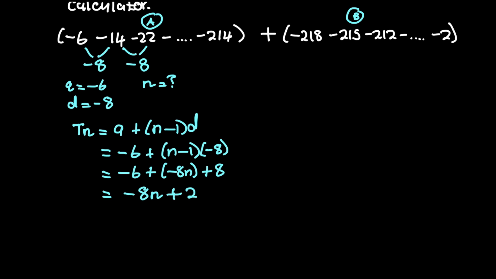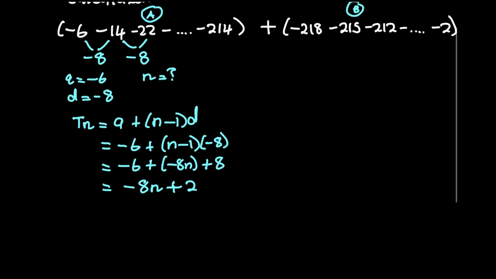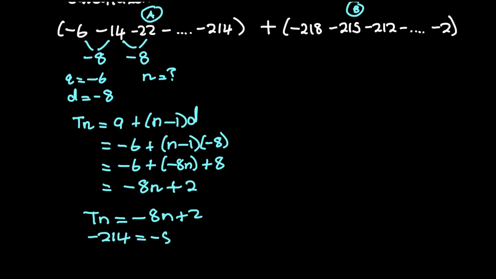On our series, we know the last term. If we know the last term of the series, we can find the number of terms. So we say our term is equal to negative 8n plus 2. We know our last term, so we just substitute it here: negative 214 equals negative 8n plus 2.